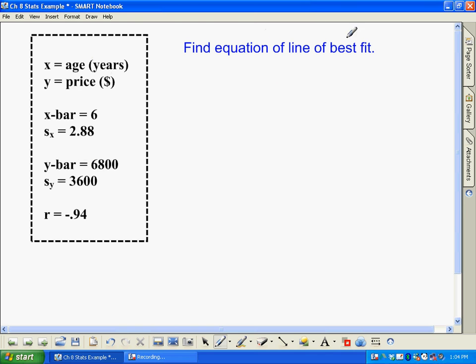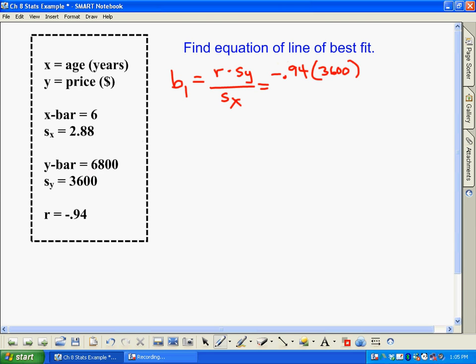So how would you find the equation of the line of best fit for this? Here's what you would do. To find the slope, you would simply take r, multiply by the standard deviation of your y's, and divide by the standard deviation of your x's. So what is r in this case? Well, it's negative 0.94. The standard deviation of your y's is right here, 3,600.